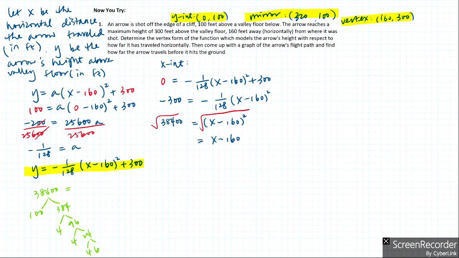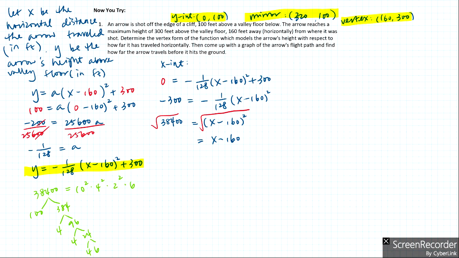So altogether, we can combine things a little bit to say 38,400 is equal to 100, which is 10 squared, times, here we have two factors of 4 we can group together. So this is equal to 4 squared times the leftover 4, which is also a perfect square number, which is 2 squared, times 6, which cannot be factored into any other perfect square factors. So here is what we get.